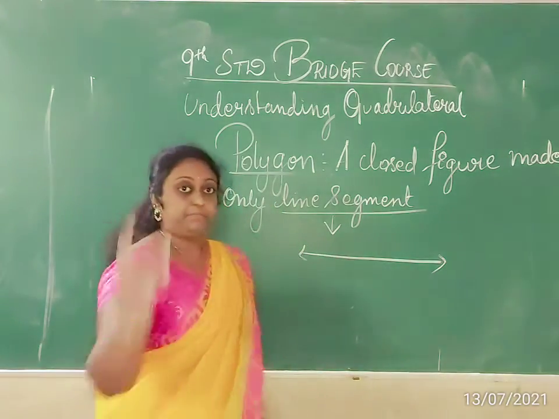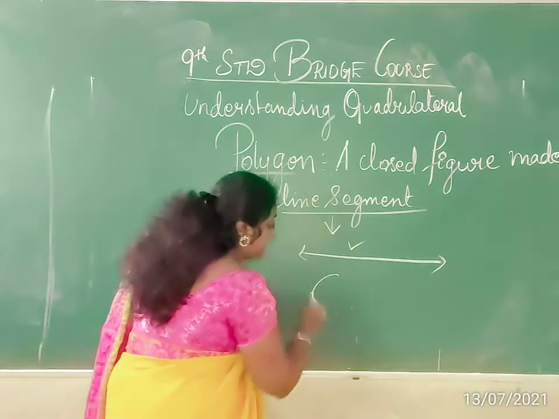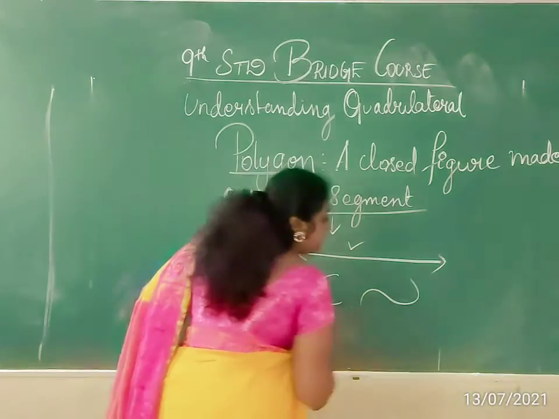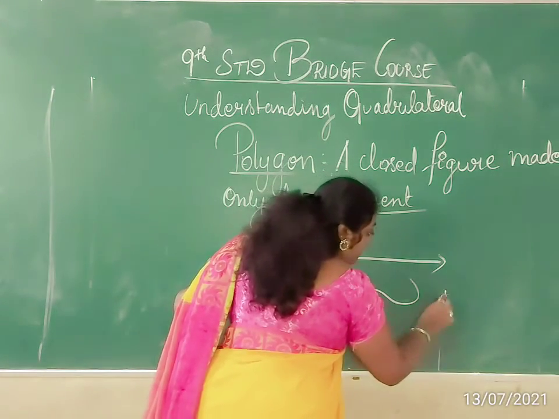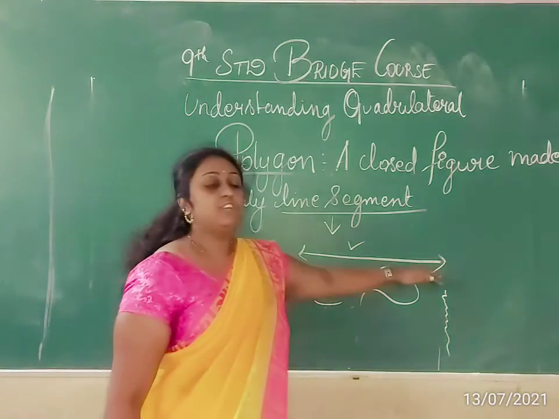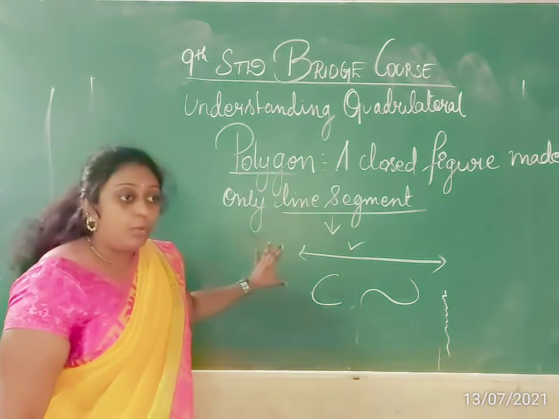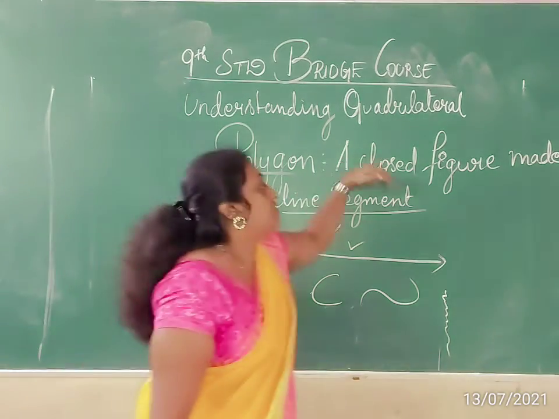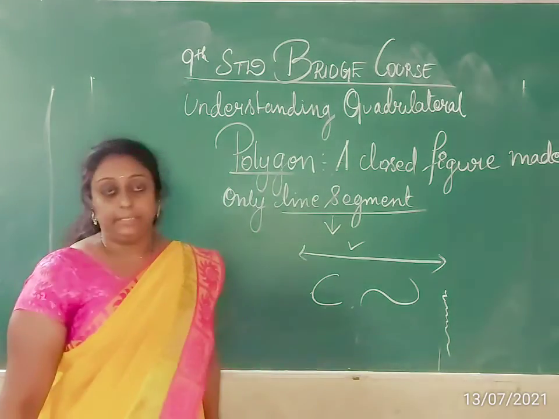You cannot call a curved or bent line a line segment. It should always be a straight line. So using straight lines, you make a closed figure. That figure is said to be your polygon.